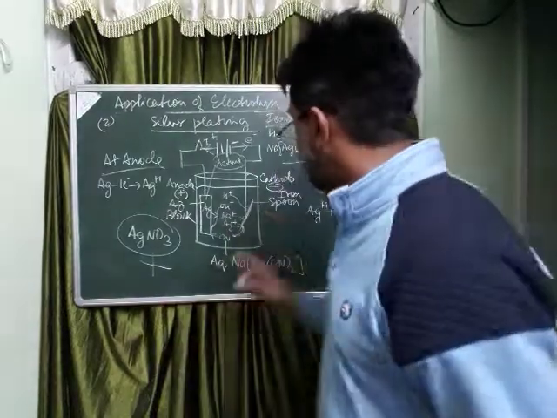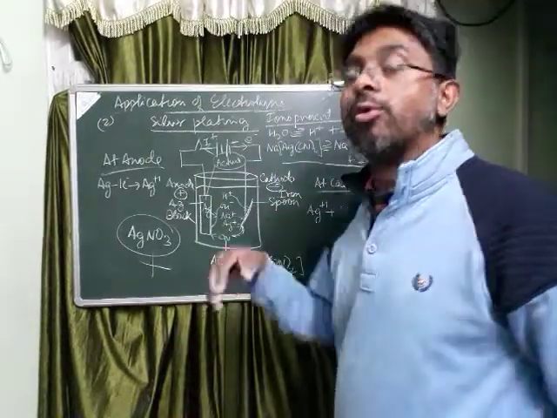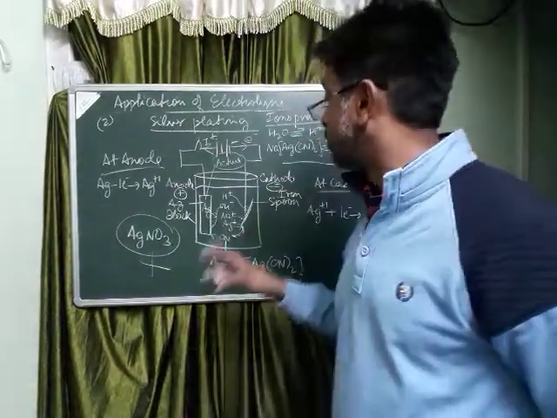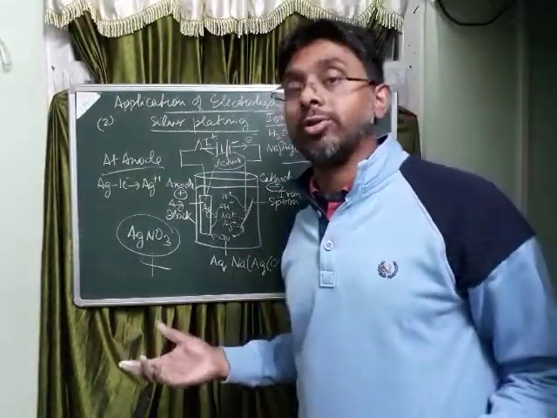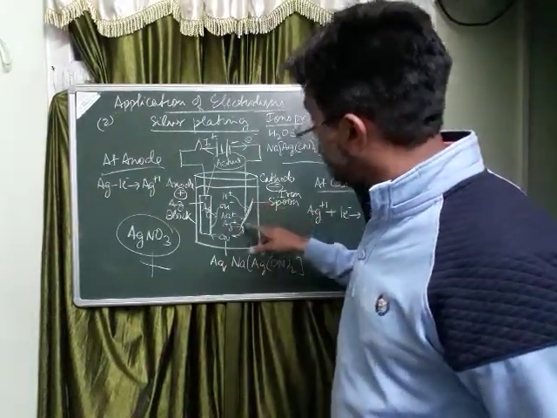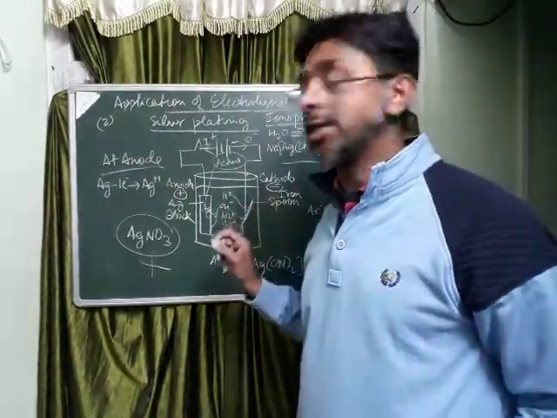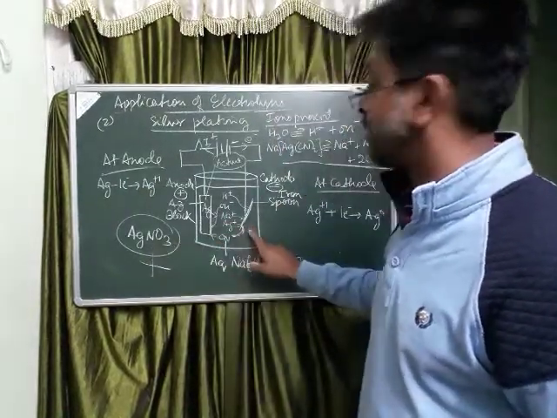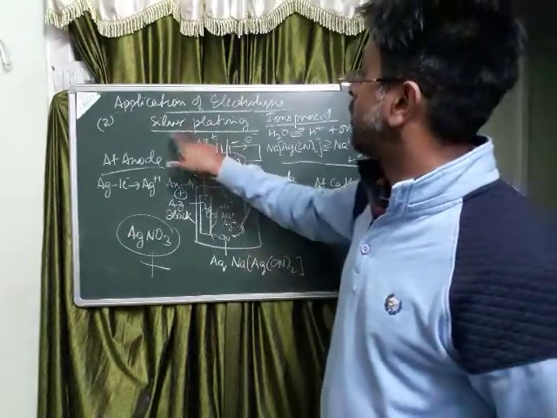That means some parts of the spoon will have more silver, some parts will have less silver, some parts will have no silver at all. So that is not required by us. We want an even deposition of silver on the spoon. That is why we don't use silver nitrate as the electrolyte during the process of silver plating.